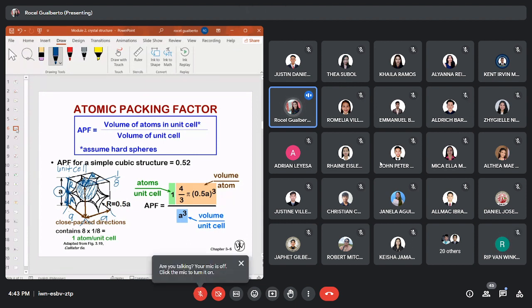Okay, tama. That would be equal to 2R. So, we say that A is equal to 2R. Base po dito sa illustration na yun. Kasi nga po, ang ating arrangement, directly doon sa itaas, ilalagay na natin yung second layer. Okay, so yan po yung para dun sa simple cubic structure.